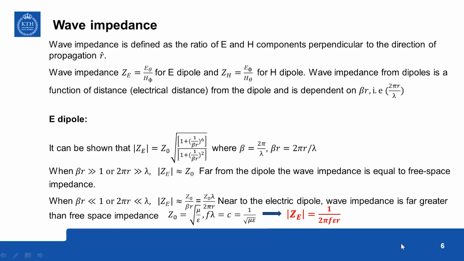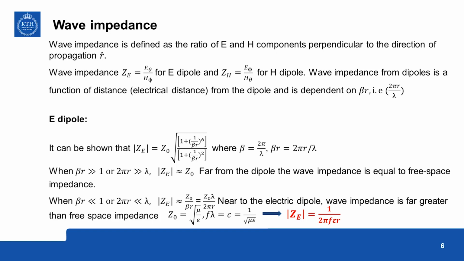Wave impedance is defined as the ratio of electric field to magnetic field, but those components that are perpendicular to the direction of propagation. So if the direction of propagation is r, away from the origin, then the electric and magnetic fields in a plane orthogonal to that direction are taken to find the wave impedance.